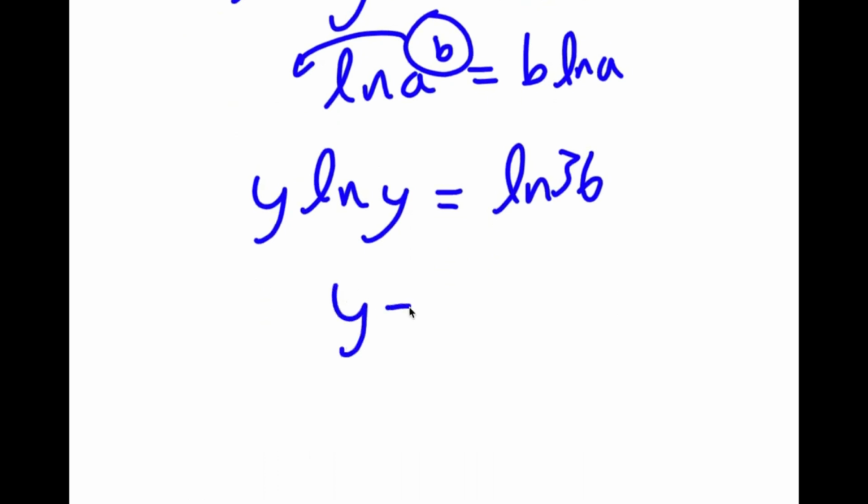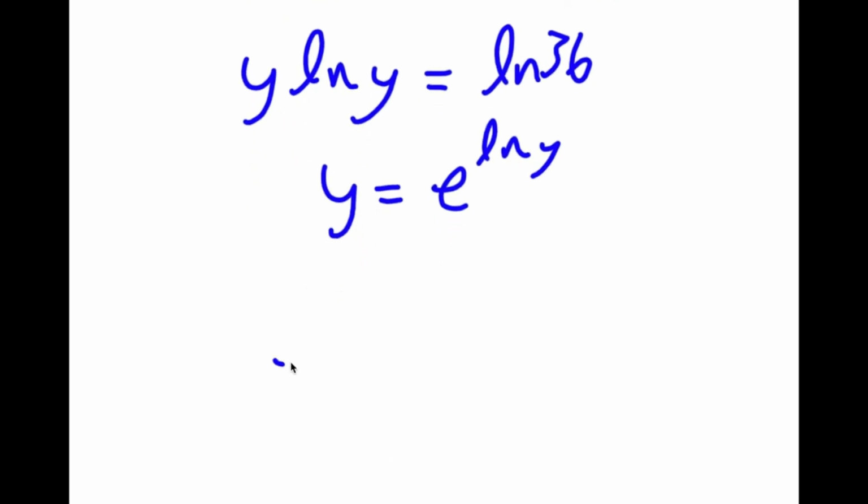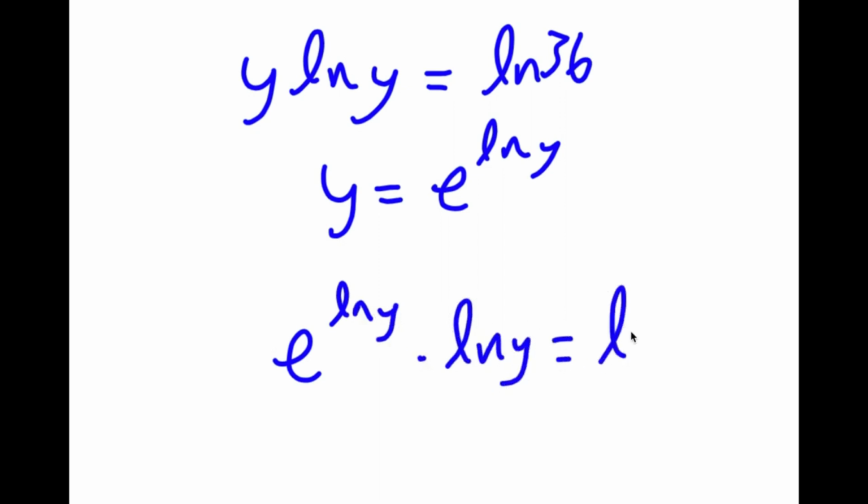Now y is the same thing as e to the power of ln of y, because the e and ln cancel out. So I'm going to replace y with e to the power of ln y. So now I have e to the power of ln y times ln y is equal to ln 36.